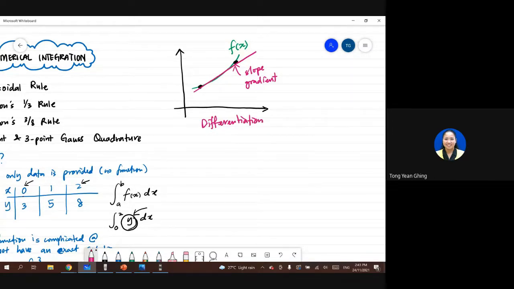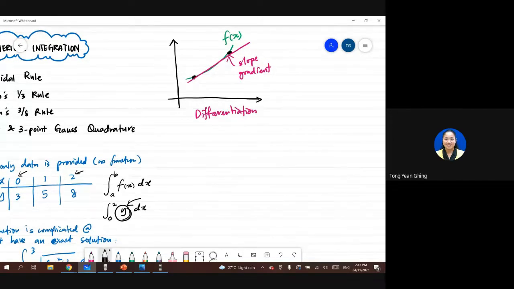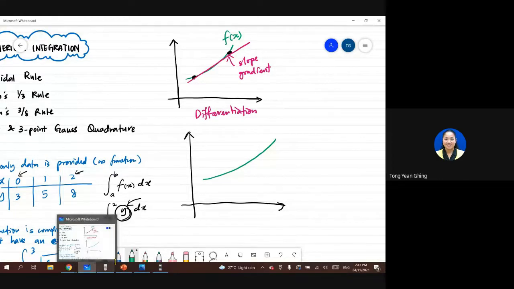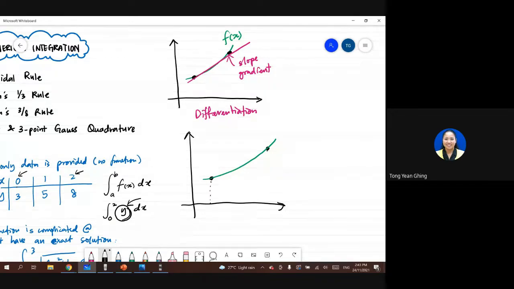So for integration, when we do integration for a function, a graph, let's say we have 2 points, here, this is A and this is B. When we do integration, that means we want to find the area under this curve.